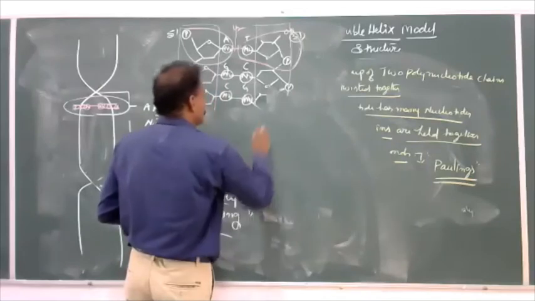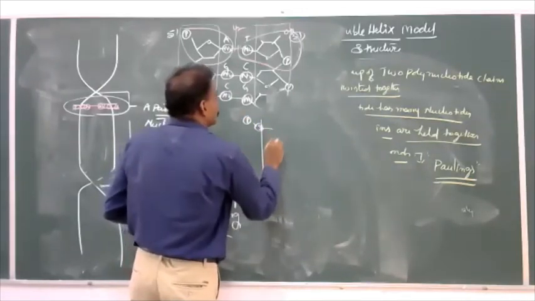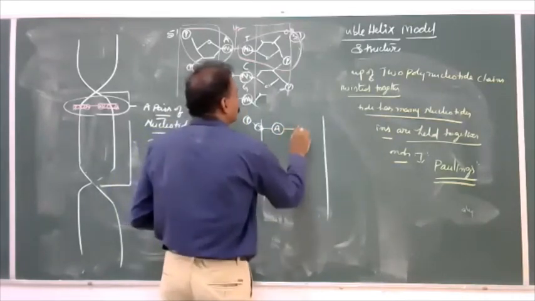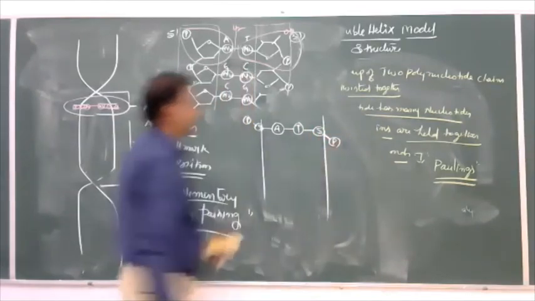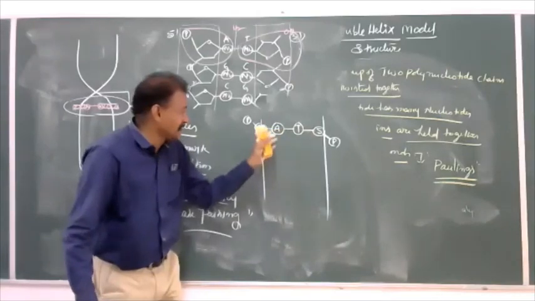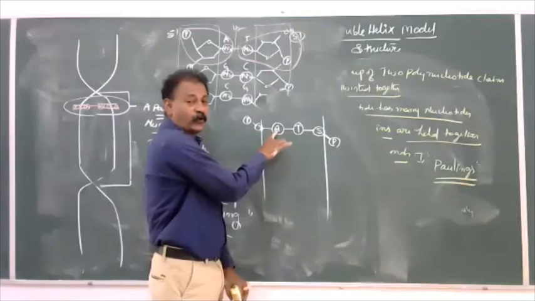It means in one strand, sugar, phosphate, if adenine is here, on the other strand it should bond with thymine, sugar, phosphate. Adenine is complementary to thymine. Thymine is complementary to adenine.